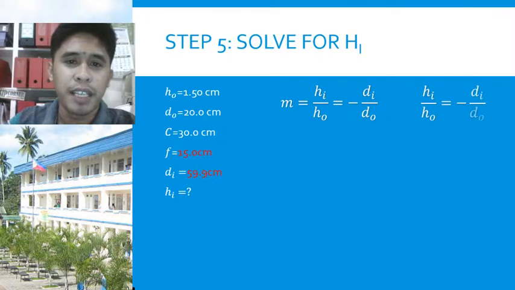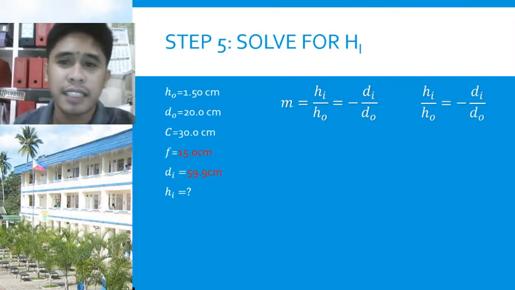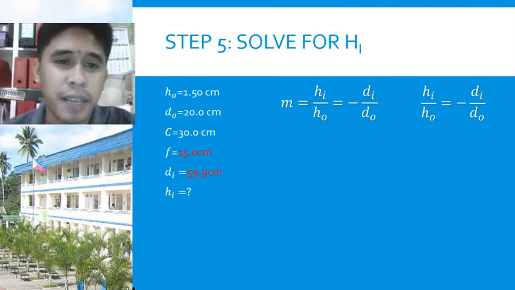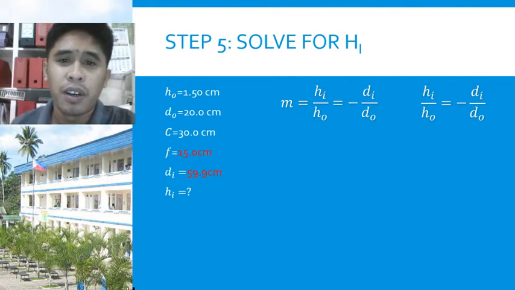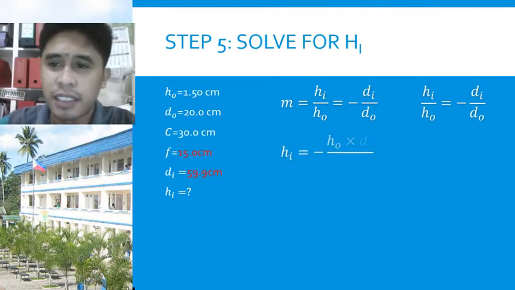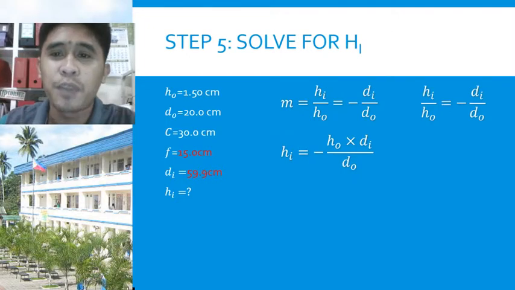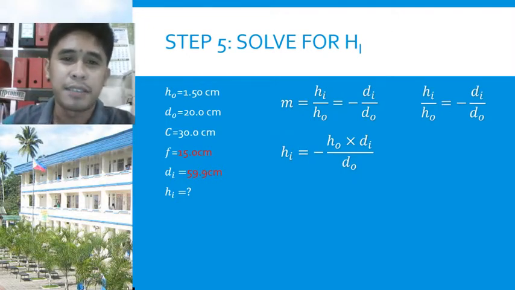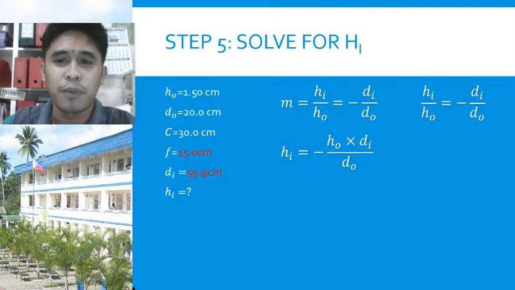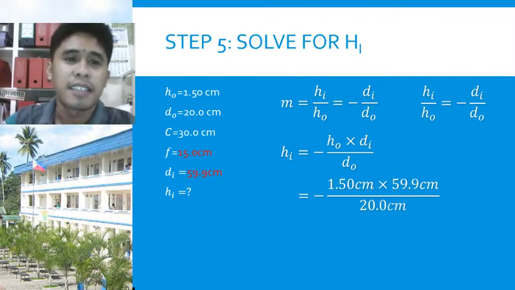The final formula that we will use would be h sub I equals negative h sub O times d sub I over d sub O. Again, substituting the known values, we have negative 1.50 centimeters times 59.9 centimeters over 20.0 centimeters.